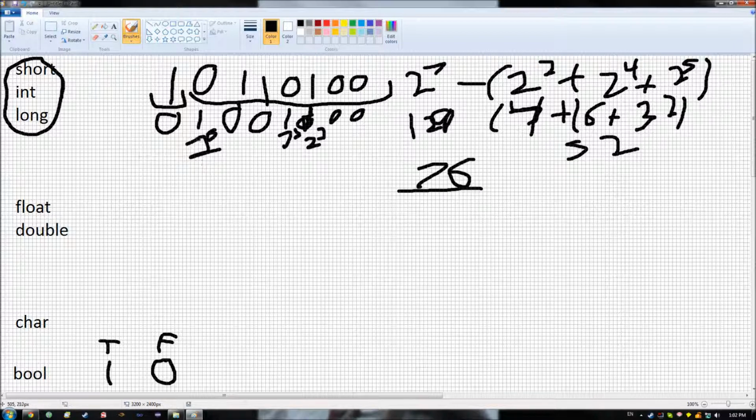Now, if we take a look over here, we've got 64 plus 8 and then 4. So the 4 brings us up to 68, the 8 brings it up to 76, and as you can see, the two numbers we have out match.